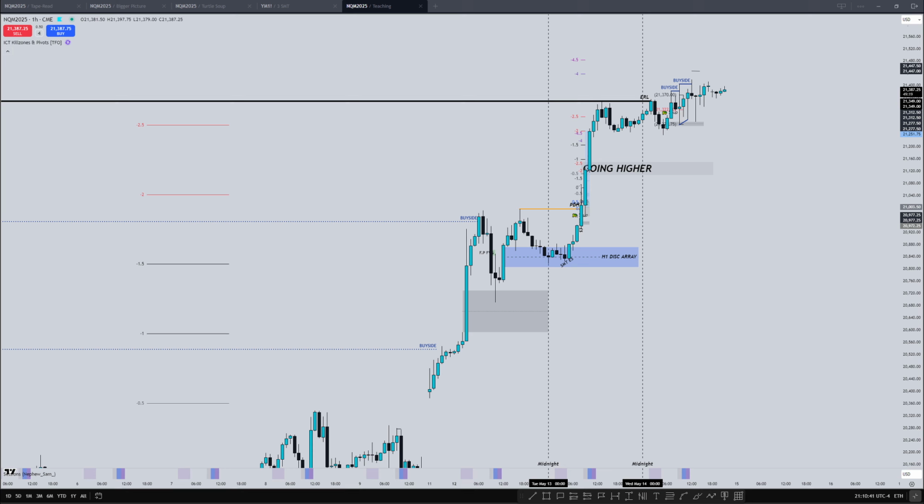What can we anticipate for 8:30 news tomorrow? If you pull up Forex Factory, we've got core PPI, which according to the index of news, if you will, is not CPI, it's not NFP, but it's right underneath.